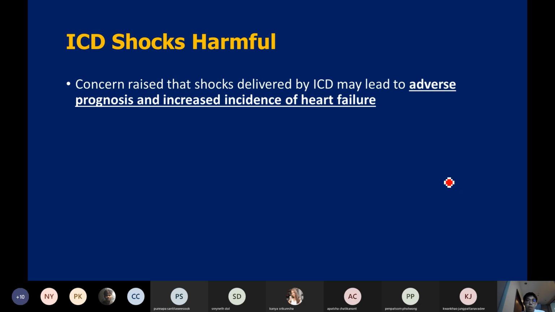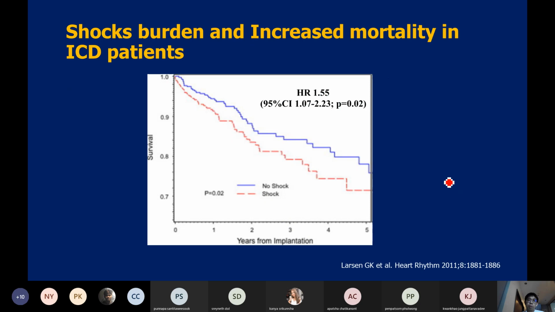When you implant the ICD into the patient, there is some concern that the shock delivered by the ICD may lead to adverse prognosis and increased incidence of heart failure. This is the patient shock burden and mortality.